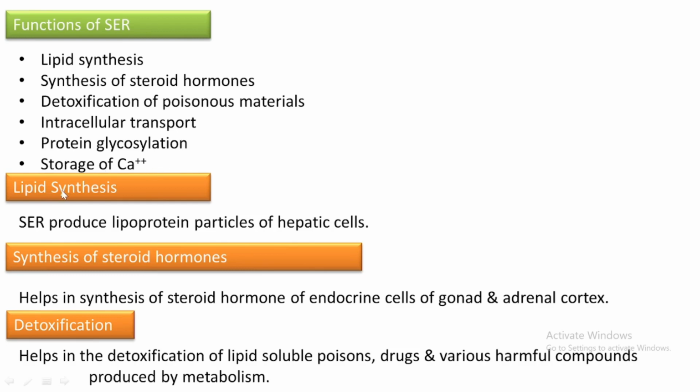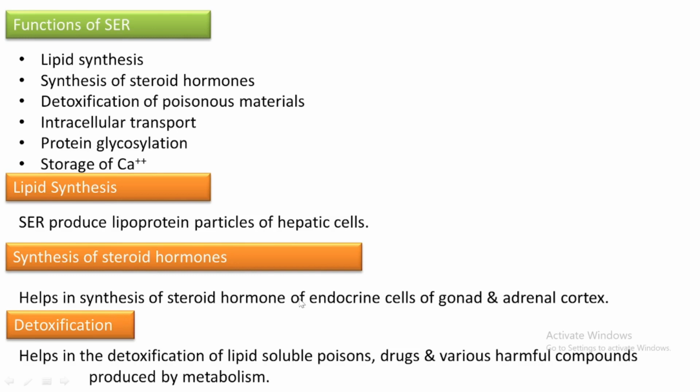Okay. Then lipid synthesis. Smooth endoplasmic reticulum produces lipoprotein particles for the hepatic cell. In that way we can say that smooth endoplasmic reticulum is involved in lipid synthesis. I already told you that it is involved in the synthesis of steroid hormones.